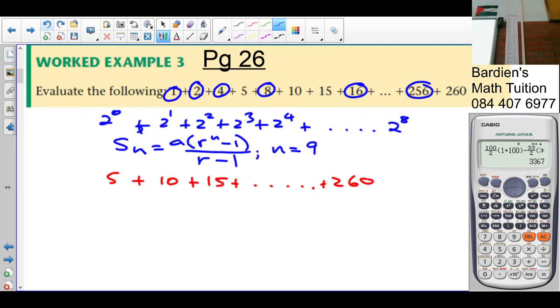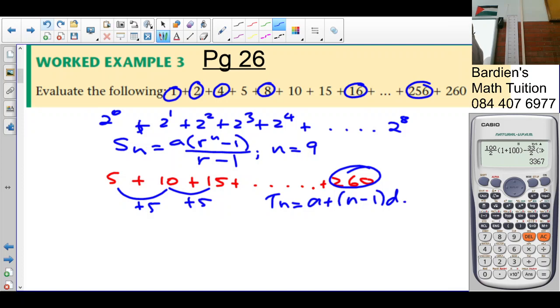The next one, what do you notice here? How do I move from one term to the next? Adding 5. Then adding 5. So what type of pattern is this? Arithmetic. What's a general term here? Tn. And why do I need a general term? If I set it equal to 260, I can determine how many terms are in the sequence. So it's a plus (n minus 1)d.